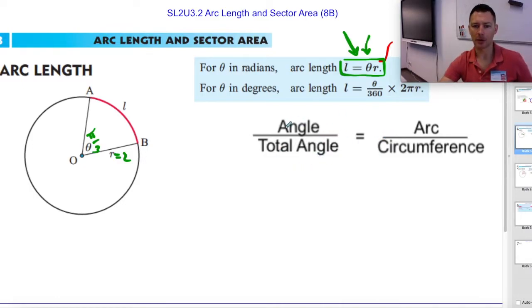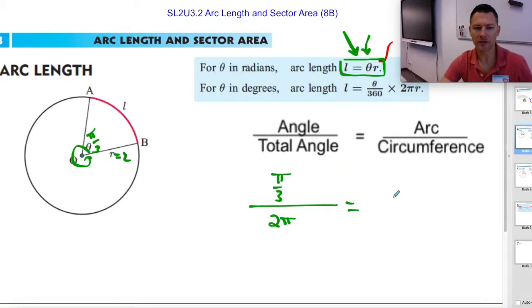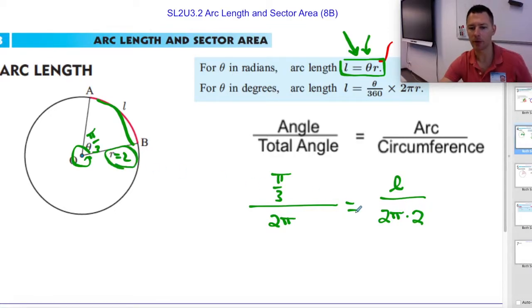So I know that pi thirds of the distance around divided by the total distance around, 2 pi, should be the same ratio as this arc length L over all the arc length, which is called circumference, which is 2 pi r. And they gave us r, or I made up r.